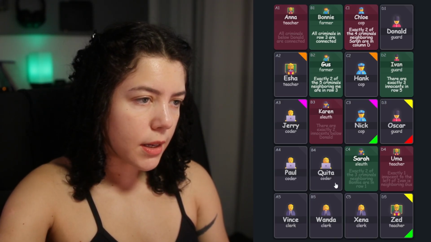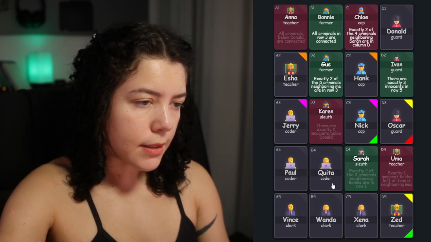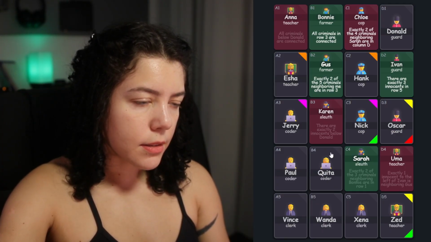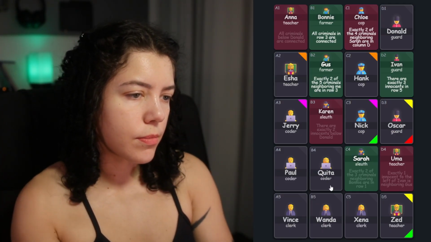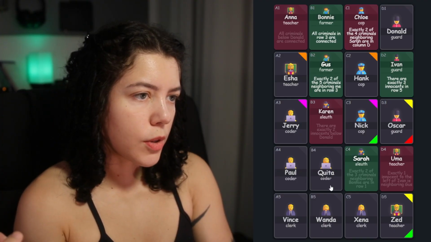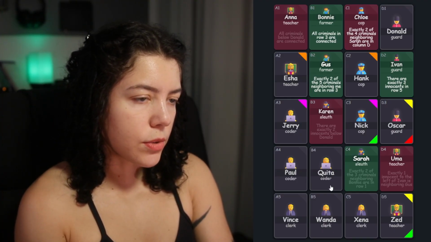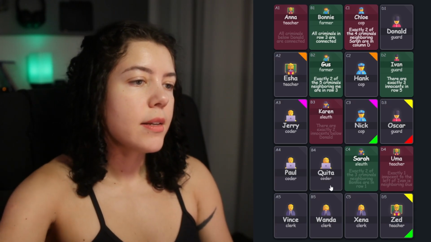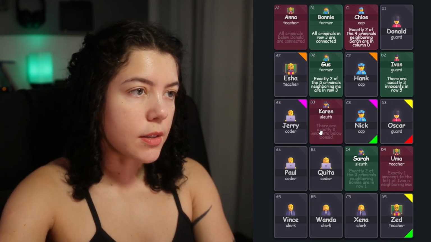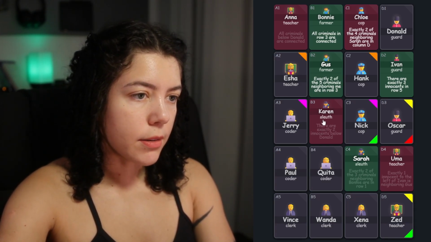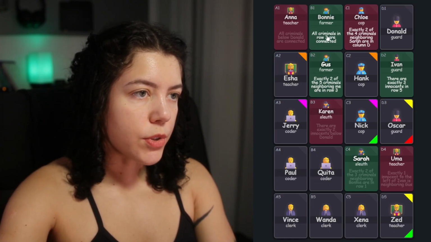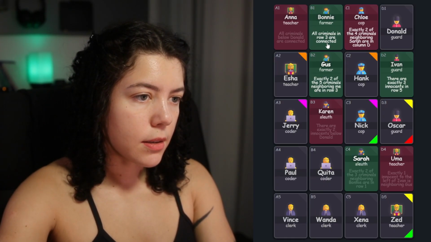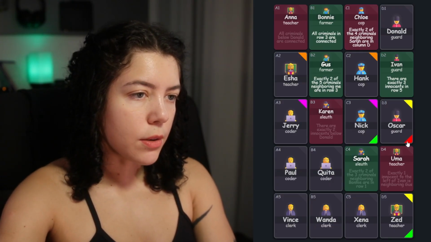But it could be that Kita is a criminal as well. So what's disambiguating this? Do I know something about the people who are connected? This doesn't work because Oscar is separated from Karen. And we know from Bonnie that all criminals in row 3 are connected. So Oscar couldn't be a criminal.